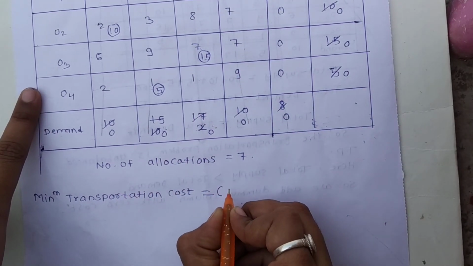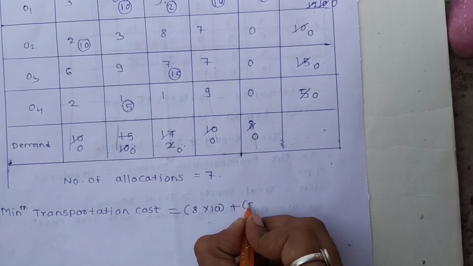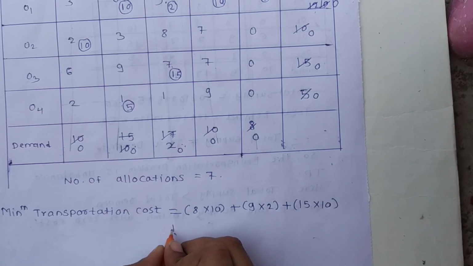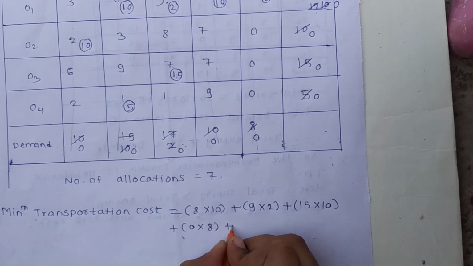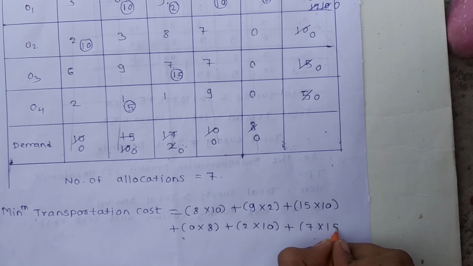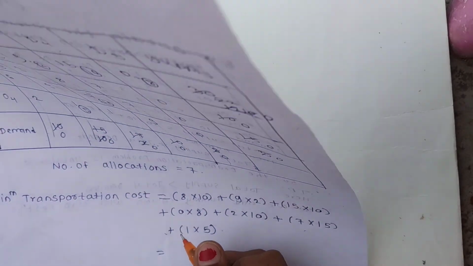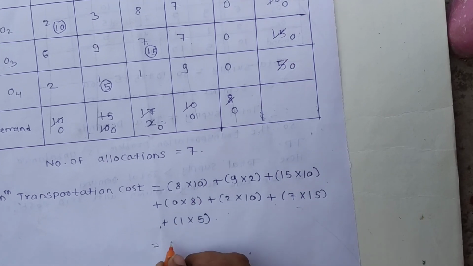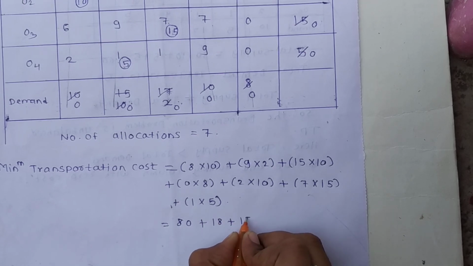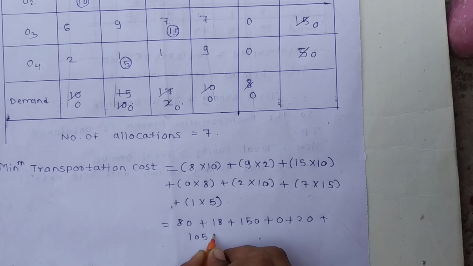So we take 8 into 10 plus 9 into 2 plus 15 into 10 plus 0 into 8 plus 2 into 10 plus 7 into 15 plus 1 into 5, which equals 80 plus 18 plus 150 plus 0 plus 20 plus 105 plus 5.